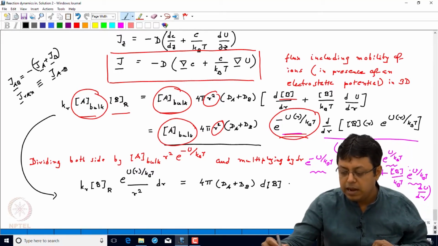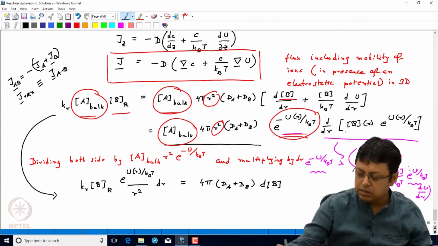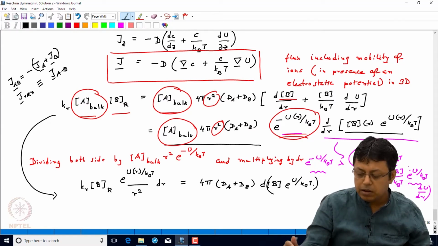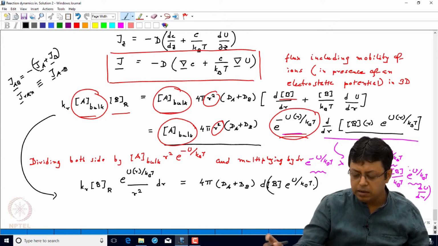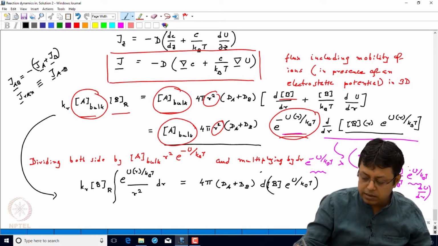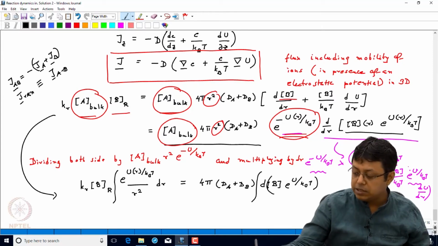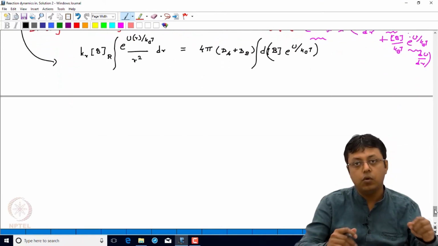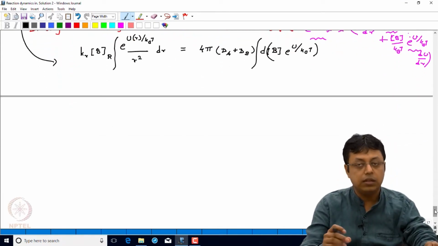Now let us have a look at this entire expression. This integration you can keep for the time being like this, e to the power u by kBt. This is a total derivative, so we can integrate it in a straightforward way. Remember that k(r) is a constant, b(r) is also a constant. The left hand side integration I cannot do immediately, because I need to know the form of u(r), as I do not know yet how the potential varies with distance.